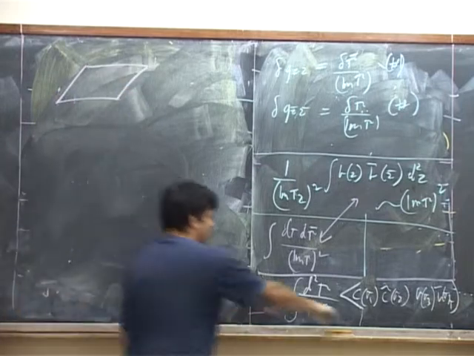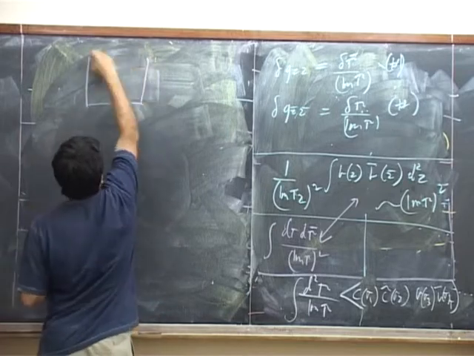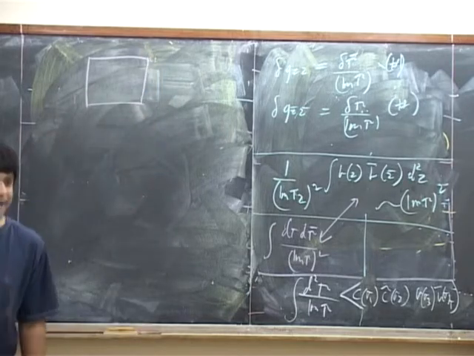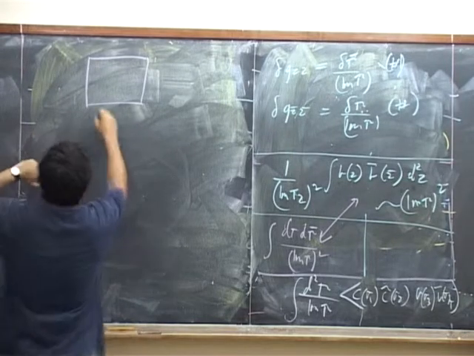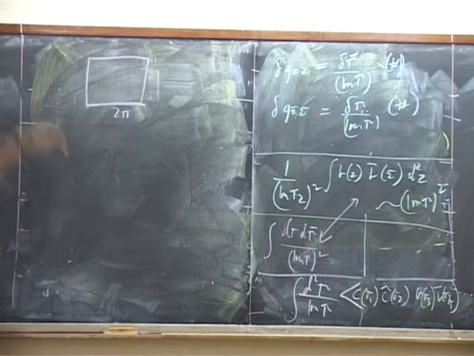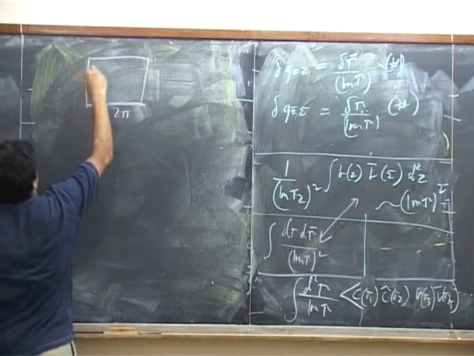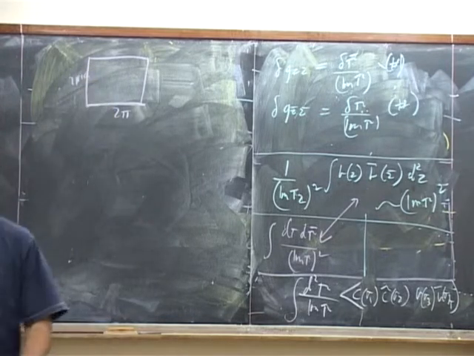Let's first look at the rectangular torus. Suppose we have a rectangular torus like this. Then we have this conformal field theory in space of size 2 pi. And what is this torus partition function calculating? Suppose this was 2 pi a. What would the torus partition function be calculating?